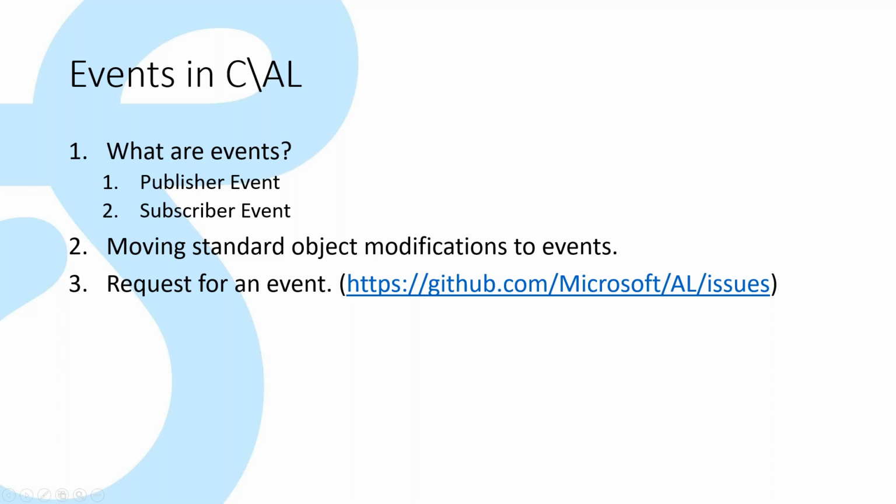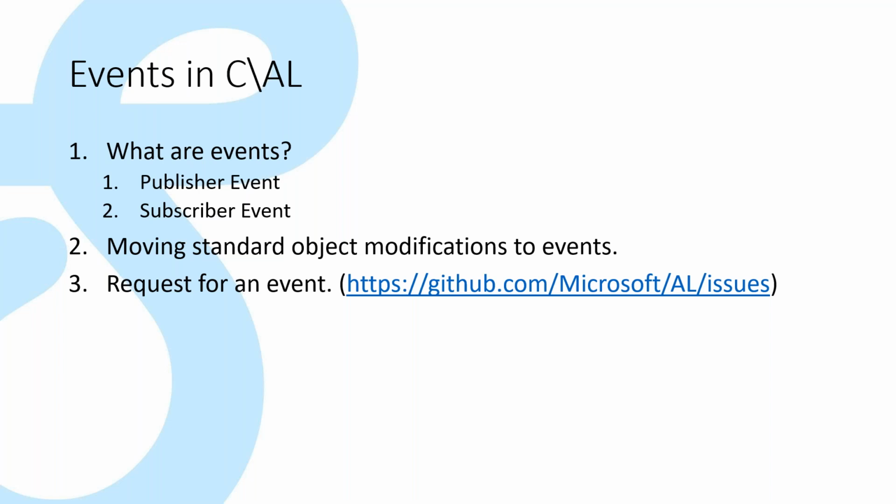We're modifying the base without actually directly modifying it. So it is only allowed by using events. And events allow you to design the application to react to specific actions or behaviors that occur. It means that we can have a code that is moved to a separate codeunit, but still does the same with the help of the events.